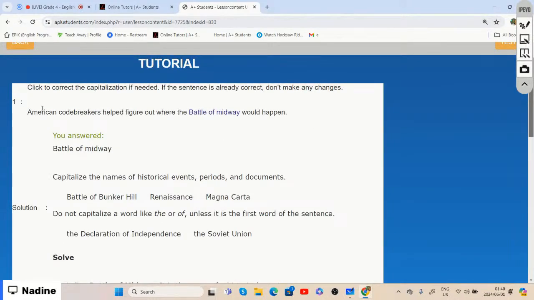So it says, American code breakers helped figure out where the Battle of Midway would happen. Battle of Midway. Are we going to write it as is, or do we have to change this word a bit when it comes to capitalizing?